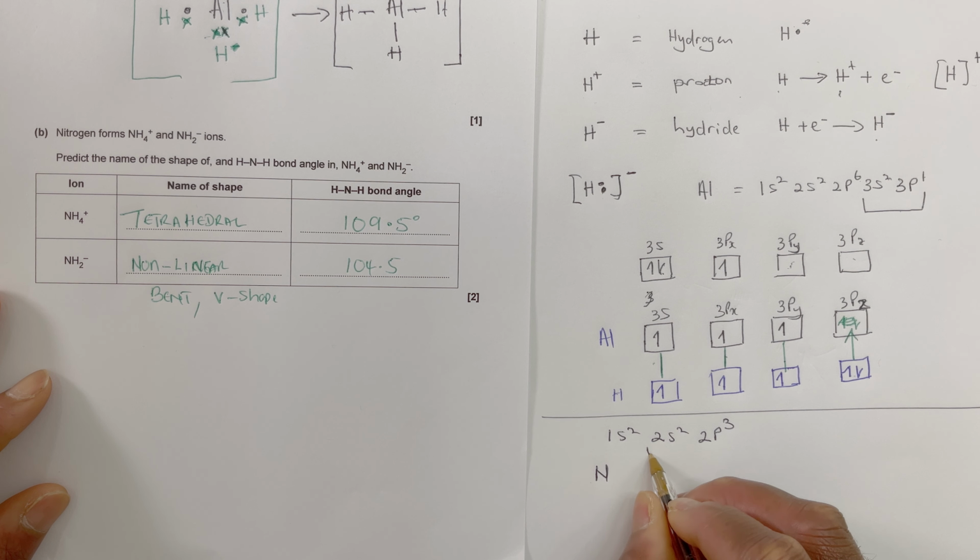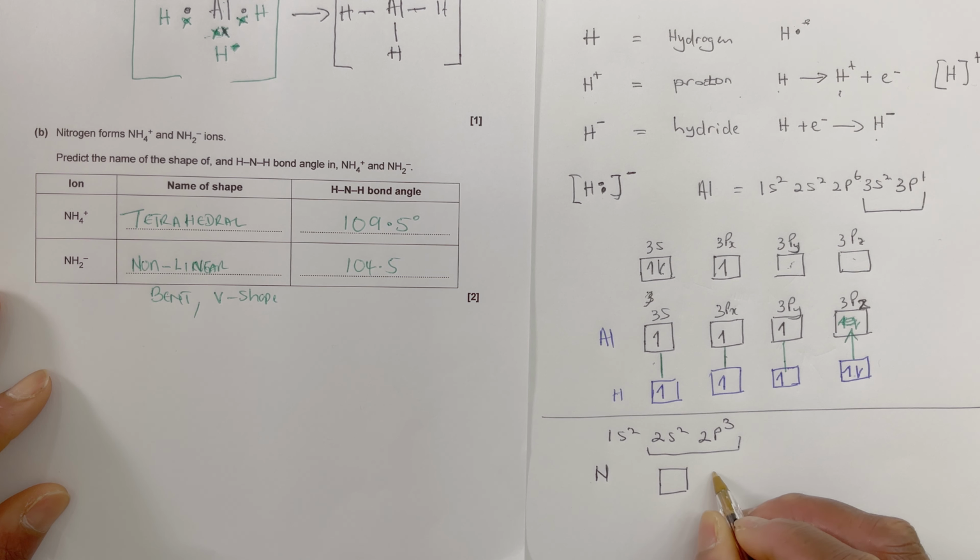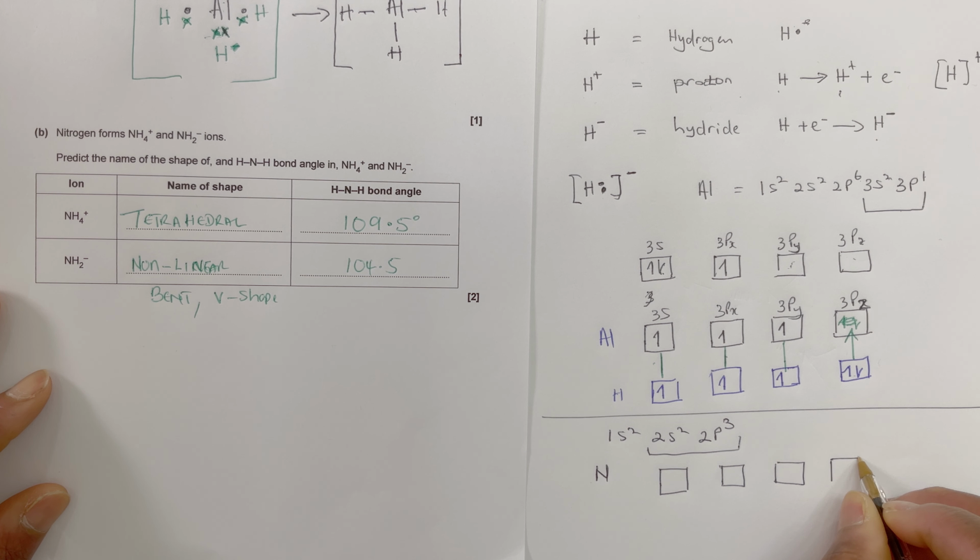The outer shell is that one. So then you can say the outer shell. So I'm just drawing that, and the p orbitals are like that. So this is nitrogen having the outer shell has got 2 electrons, 1 there, 1 there, 1 there.